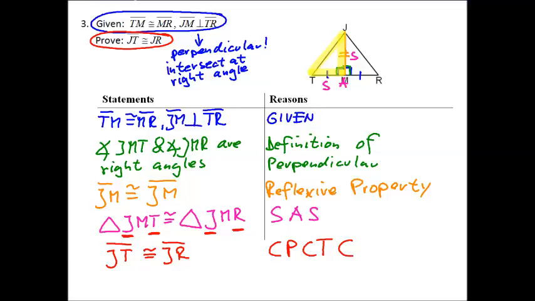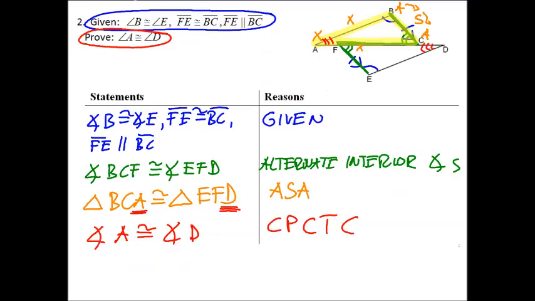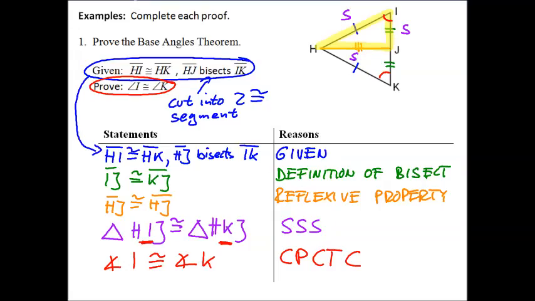Now at this point you have probably seen the pattern already, right? So in this example we went from our side angle side congruence postulate to CPCTC. In the previous example we went from the angle side angle congruence postulate to CPCTC, and in the very first one we went from our side side side congruence postulate to CPCTC.